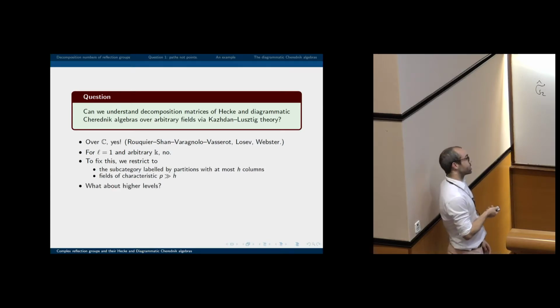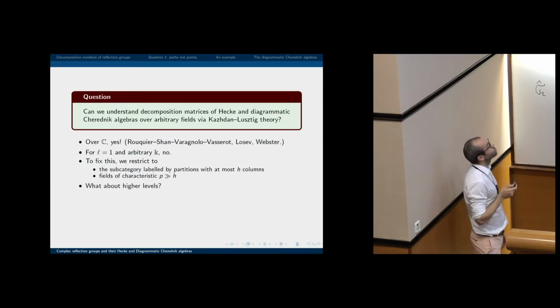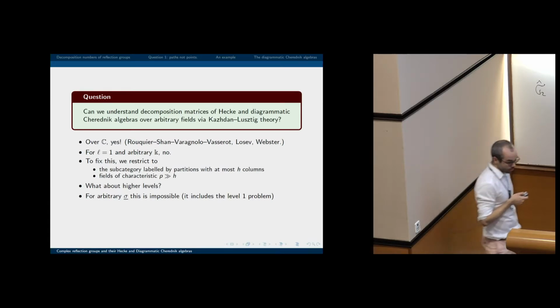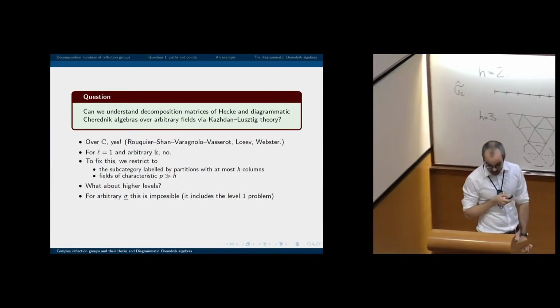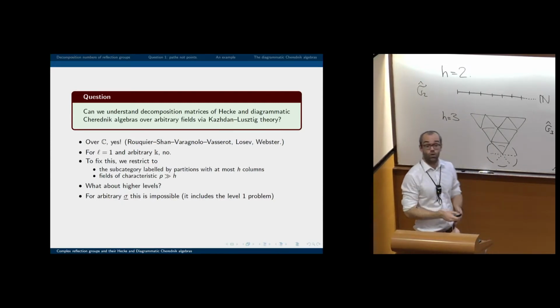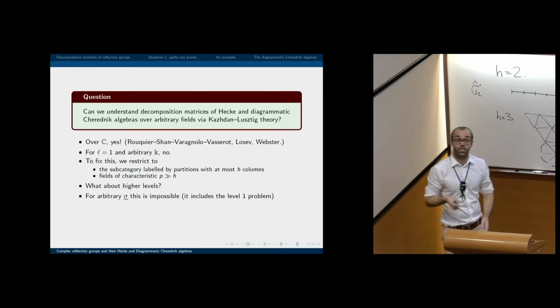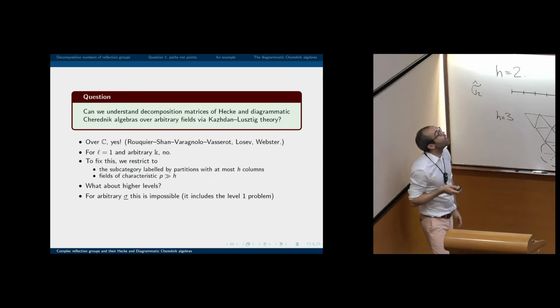What about higher levels? So what if I take L to be bigger than 1? Well, for an arbitrary weighting, this isn't going to work. You could do a p-canonical basis, and in fact, Elias and Losev did do a p-canonical basis for the so-called well-separated weighting, which is the classical weighting of Dipper, James, and Mathas.